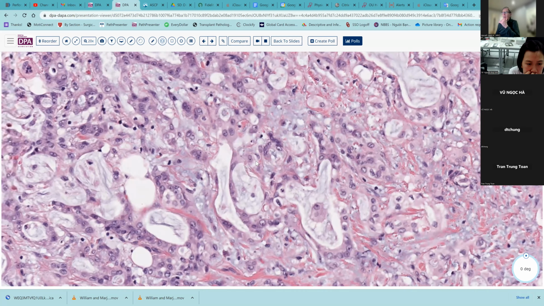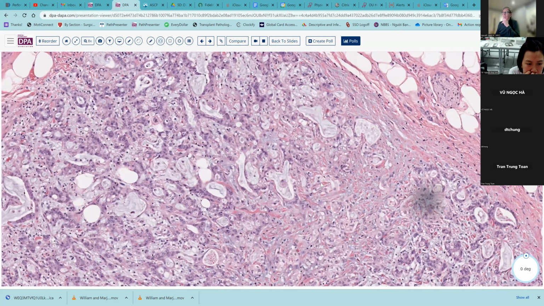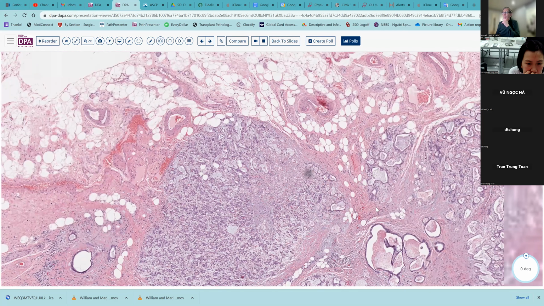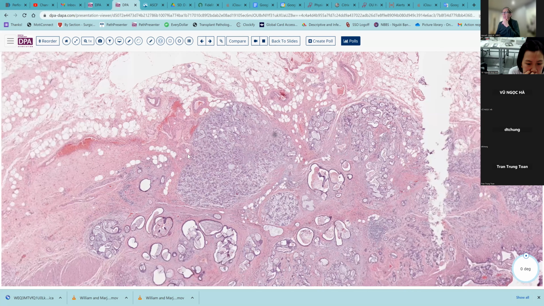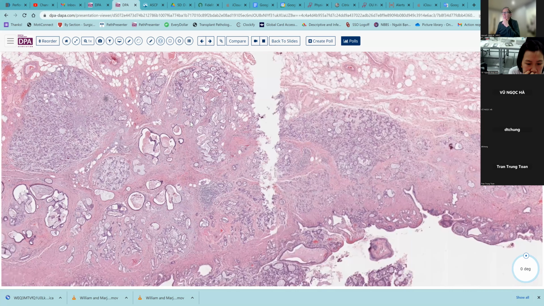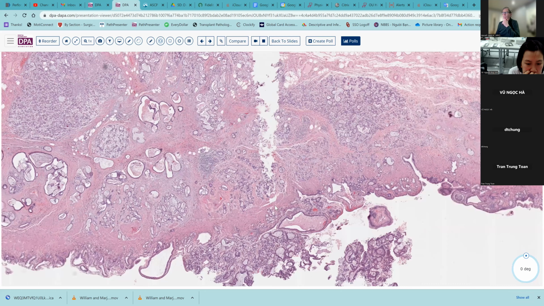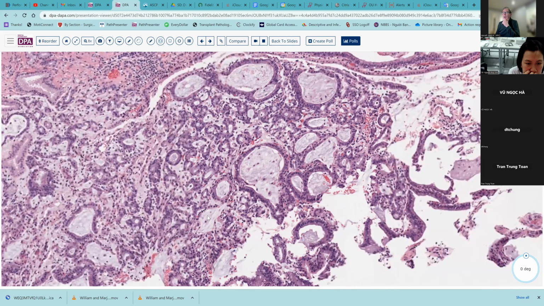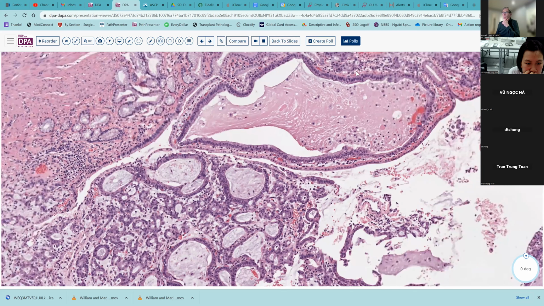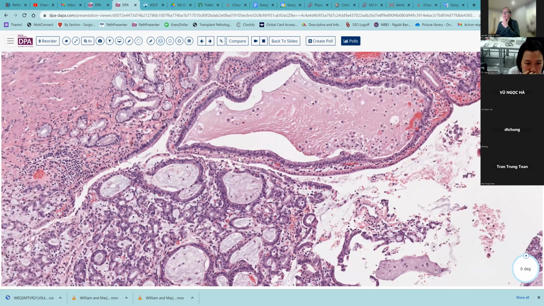So this is one pattern. One of the remarkable things about gallbladder cancer is the number of different types and patterns that you can see. And so I've got several cases hoping to show you some of the different morphologies that can be seen. So this is one where I don't think we really have much in the way of surface dysplasia.